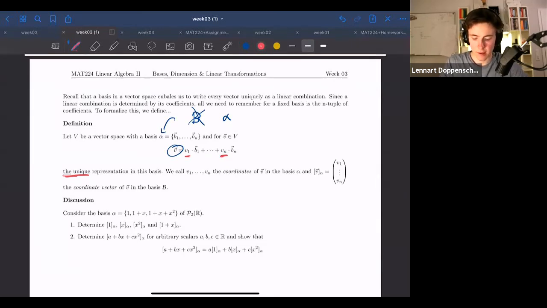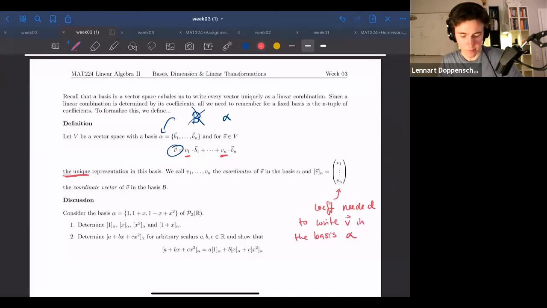And then these coefficients, we can just write them as always, an n-tuple as a vector, as a column. So these are just the coefficients needed to write v in the basis alpha. And we call this the coordinates of v in the basis alpha.